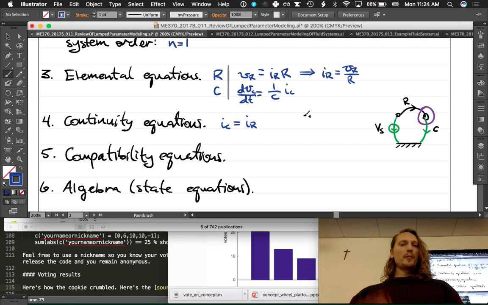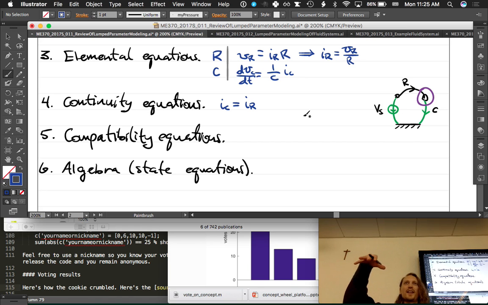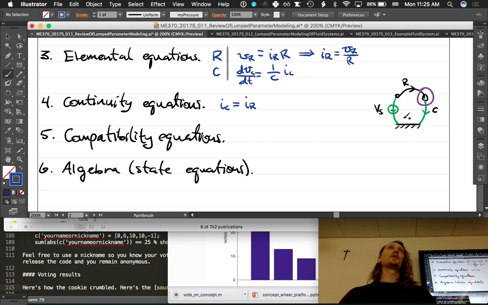And now the compatibility equations, which are found by doing what? Put in a link and just make a loop. Yeah. You put a link into the normal tree and it creates a loop, because that's how you created the normal tree, is that if you put any of the links in, it would create a loop. So if you put in each of the links into the normal tree, you get a loop.